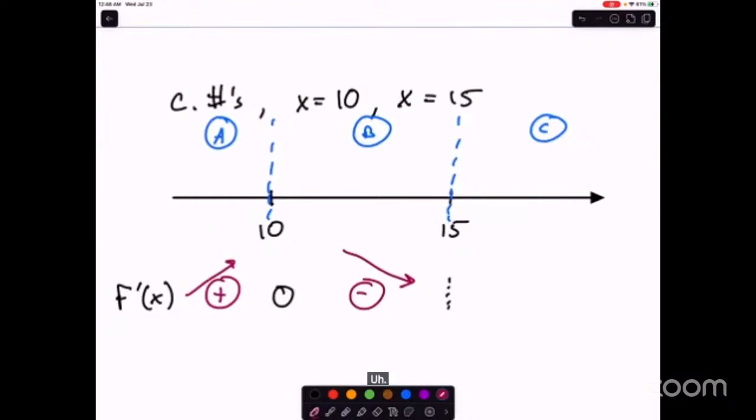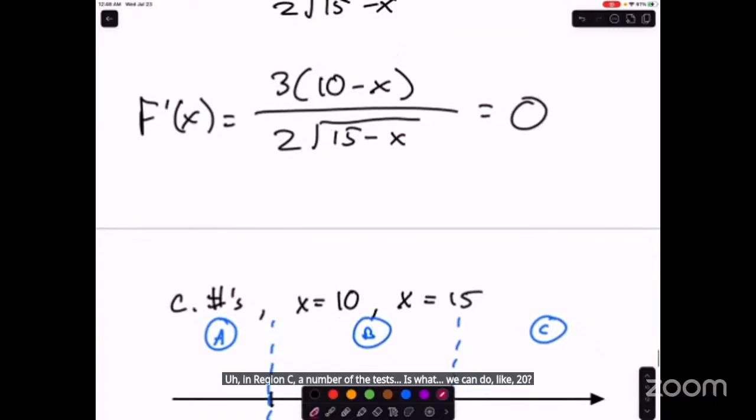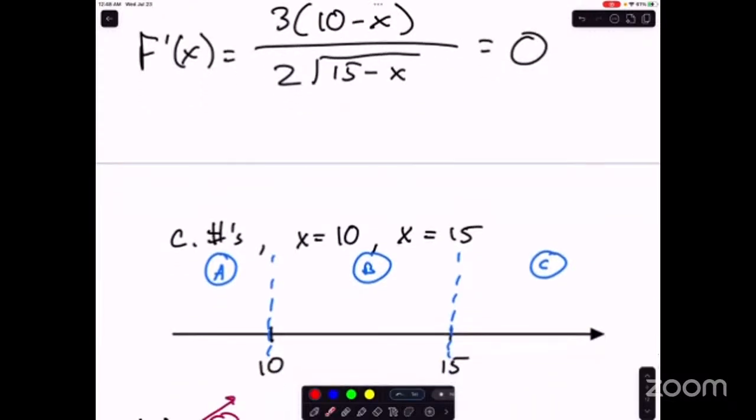In region C, a number to test is what? We can do like 20. If we plug 20 into the first derivative, this guy is negative. We can't take the square root of a negative, right? So does it end?